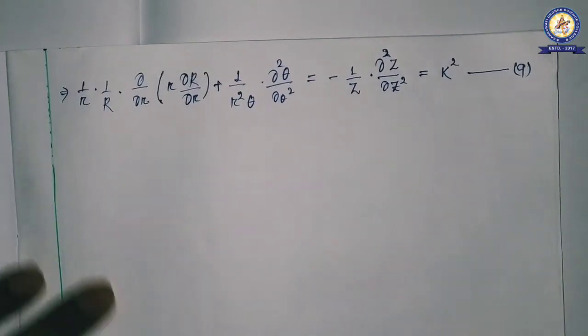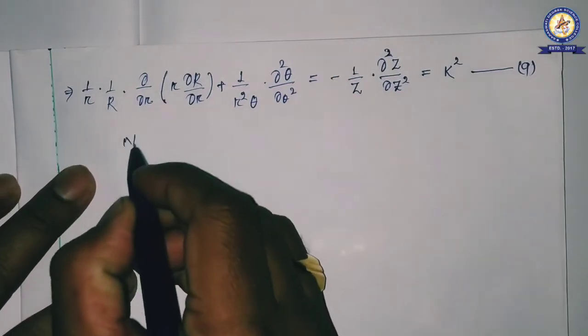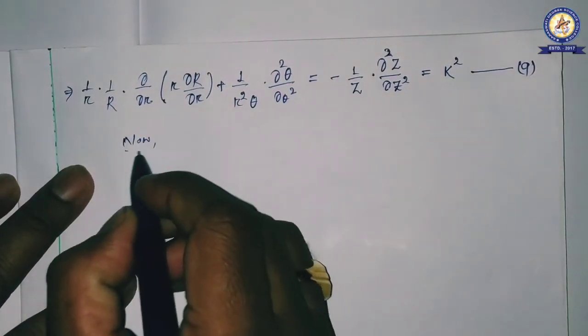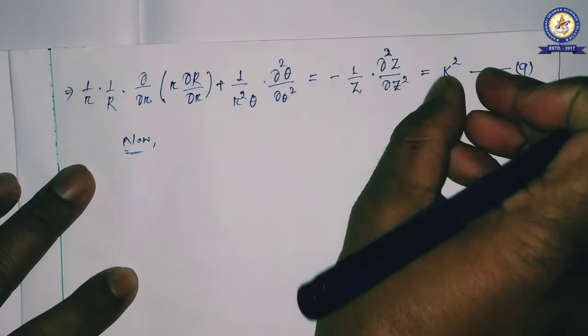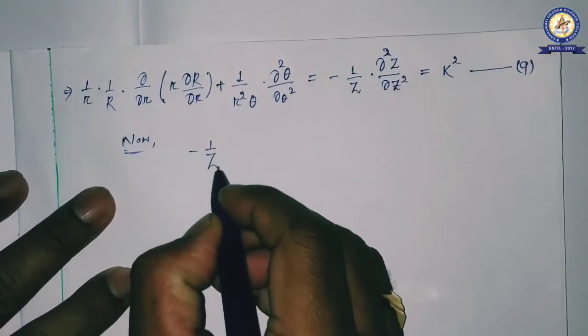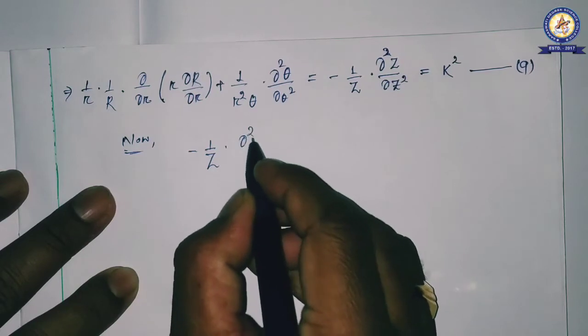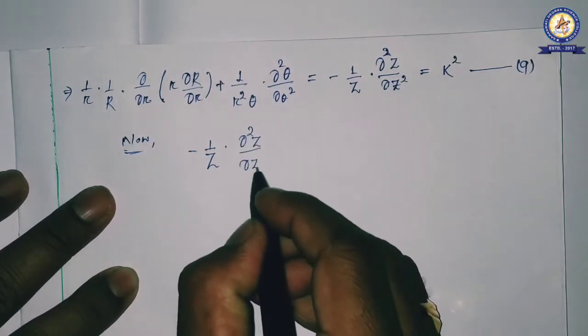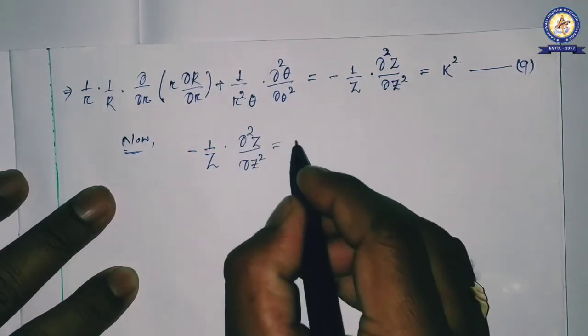Now separately we have to consider that this will be equal to k square and this will be equal to k square. So now minus 1 by capital Z del square capital Z by del small z square equal to k square.